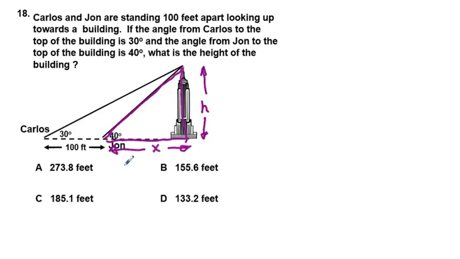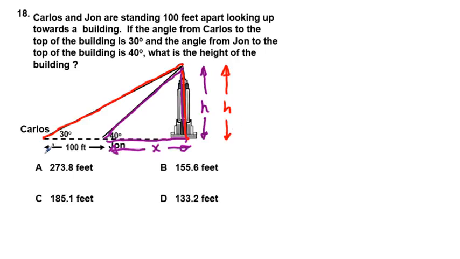Now we're going to construct a second triangle, and that's going to be from Carlos, going straight up to the top of the building. I'm going to label this in red, so going down we also have h. That's the red h.